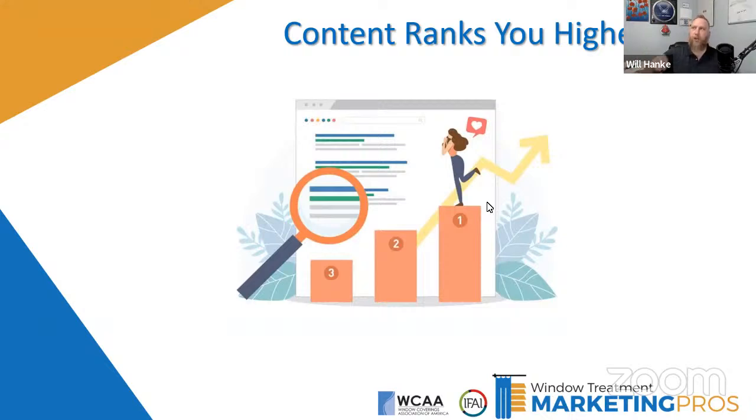Now, there is something called the freshness algorithm as part of what Google does. So they do give a little bit of a bonus to content that's fresher than other content. A lot of times the newer stuff that you publish will get a nice little boost in traffic. And then over time, it may wane off depending on how well it's written, but it definitely helps you rank higher overall.